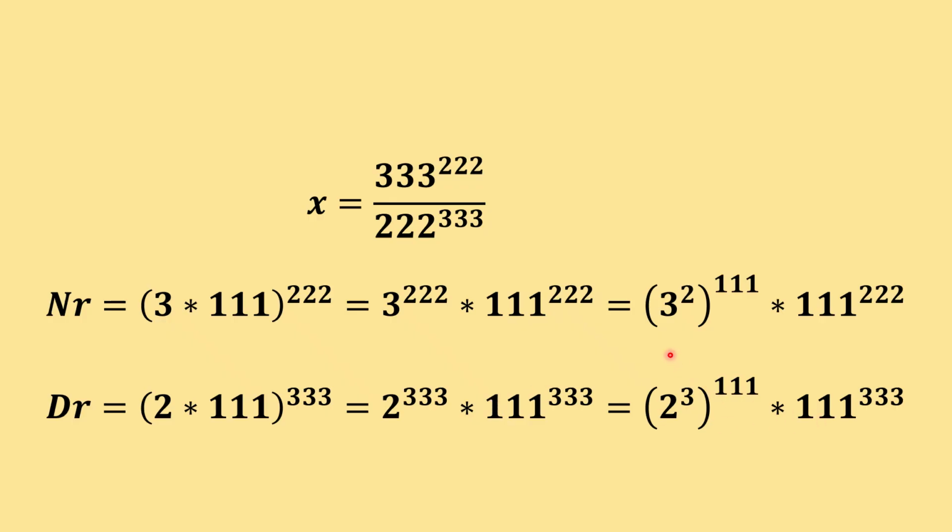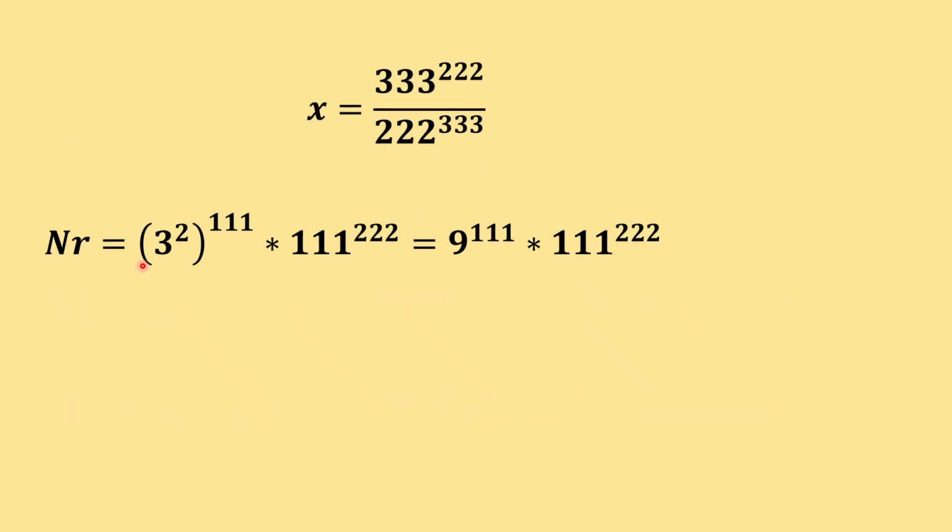So the numerator is (3 square) whole power 111 into 111 power 222, and the denominator is (2 cubed) whole power 111 into 111 power 333.